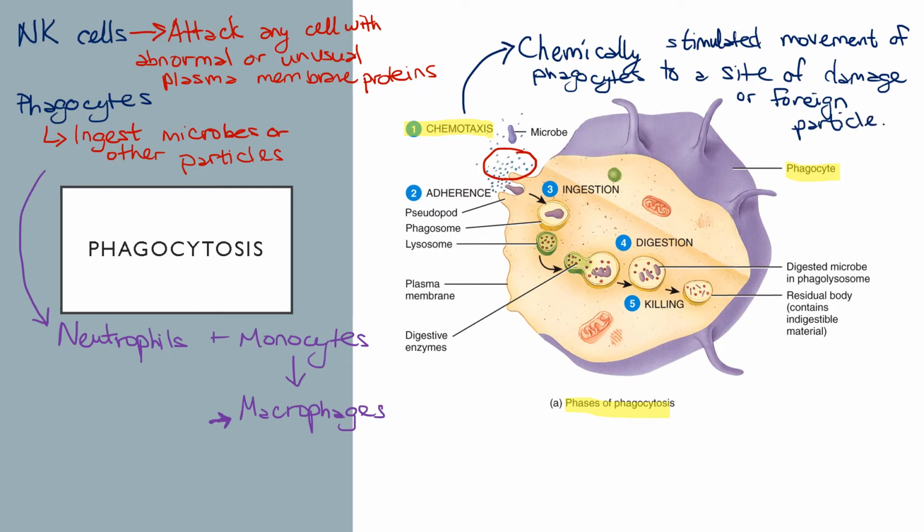Our second step of phagocytosis is adherence. This is the part where the phagocyte attaches to the microbe or other foreign material. This is the step where the binding of complement proteins to the invading pathogens enhances adherence.